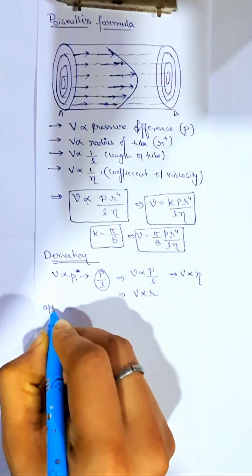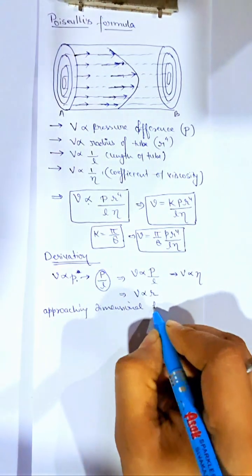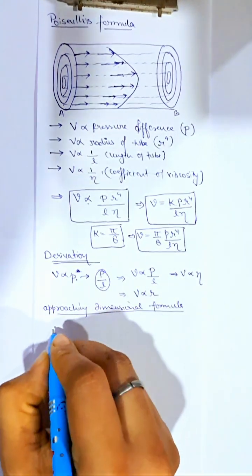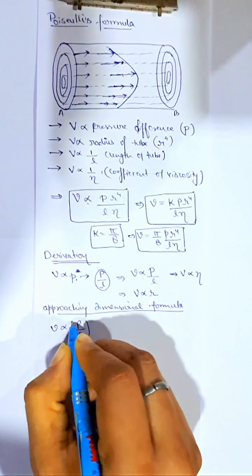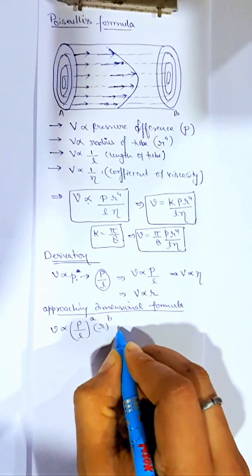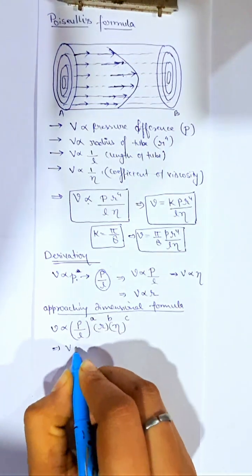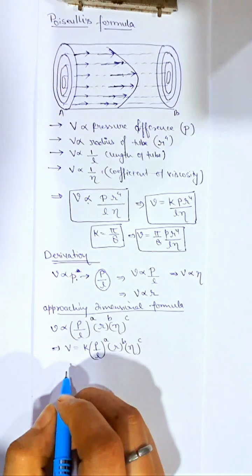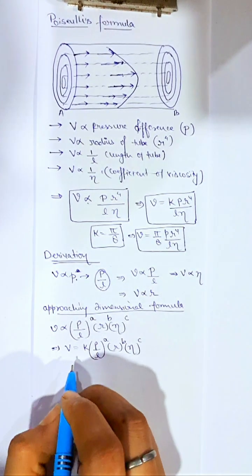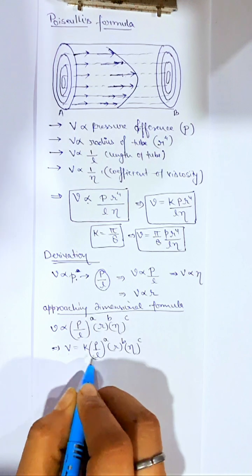So approaching the dimensional formula derivation, combining all this, we get, or we can write this as, now writing the dimensions of this.